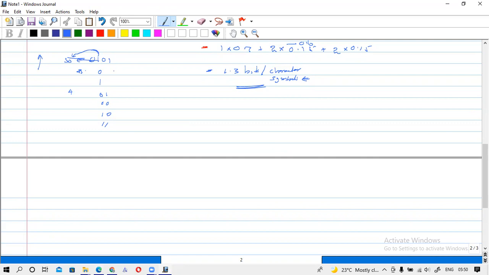If we go for higher modulation, we can assign a higher number of bits for each symbol, and the same concept is here.